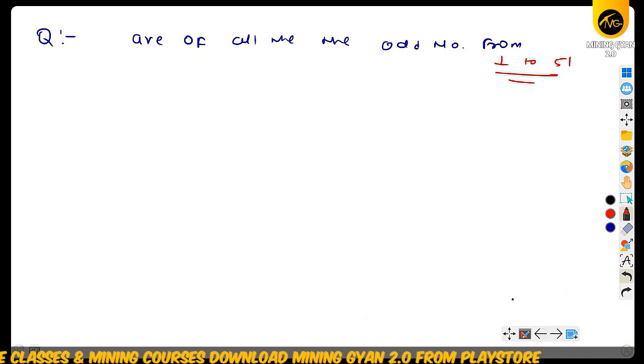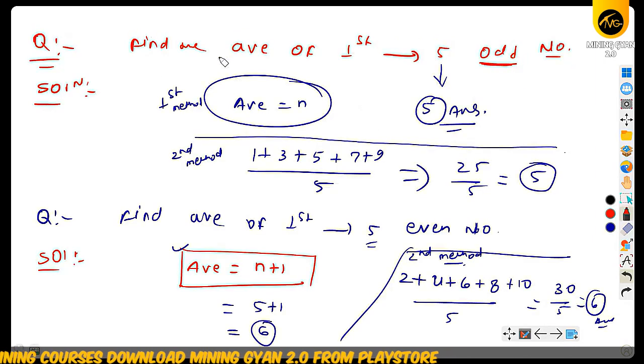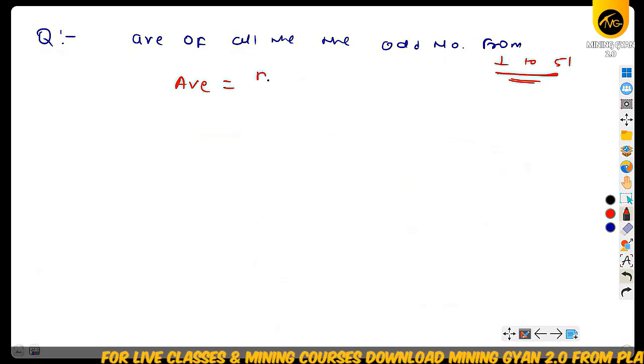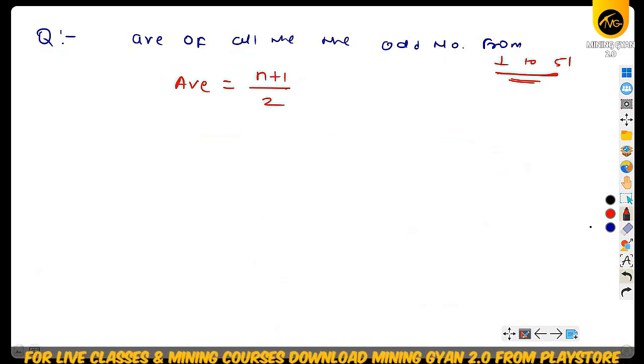In the previous questions, the format was to find the average of the first 5 odd numbers, the first 5 even numbers, like that. Now in this case, we have numbers between 1 and 51 and all are odd numbers. So we have to find the average of all odd numbers between 1 and 51. So the formula is average is equal to n plus 1 divided by 2.